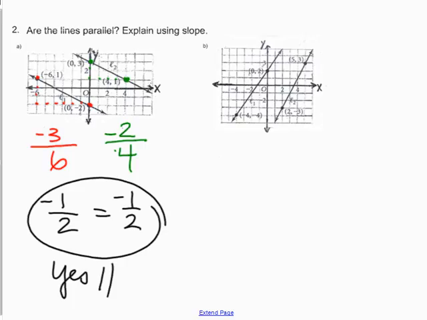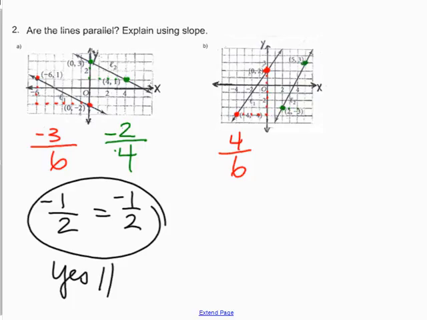Now, if you look at the one on the right-hand side, I'm going to go from left to right again, counting this slope. This is 1, 2, 3, 4, 4 over 1, 2, 3, 4, 5, 6 over 6. And then this one left to right.